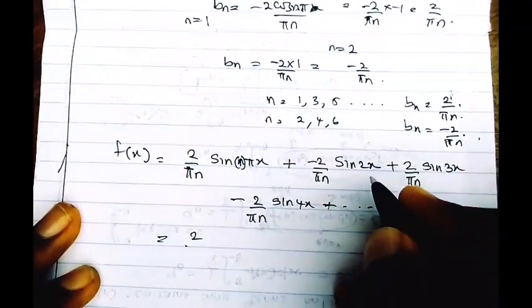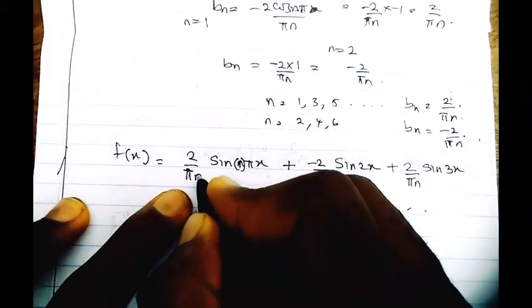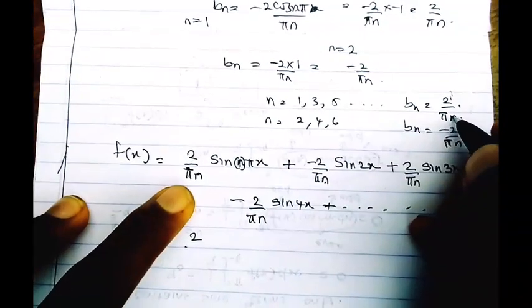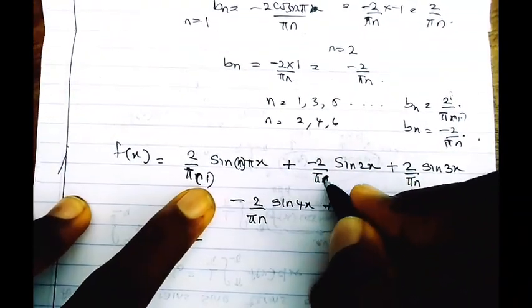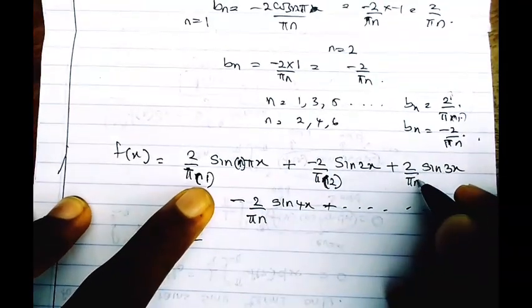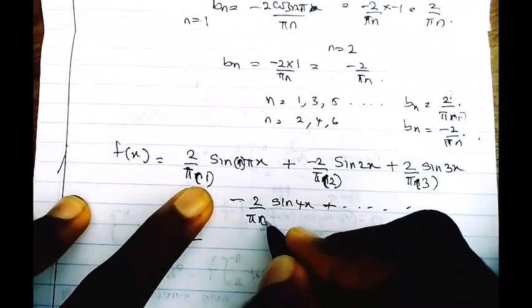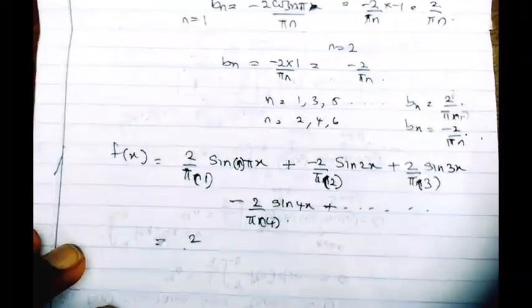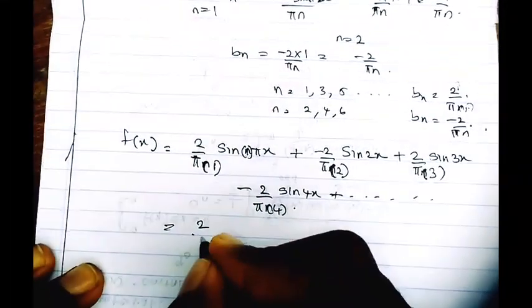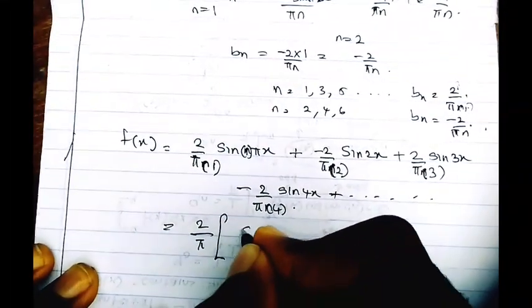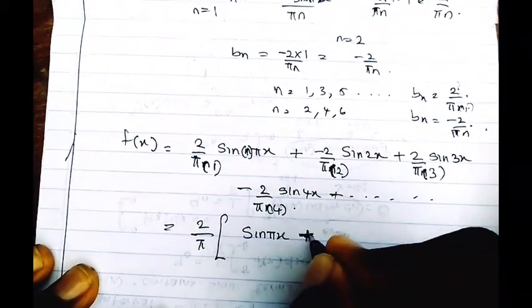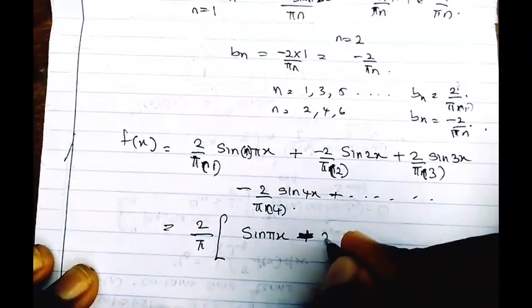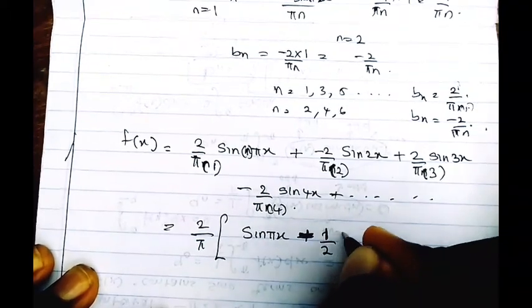Remember, we are missing something here. When n equals 1, we need to put 1 here. When n equals 2, this is 2. When n equals 3, n is 3. When n equals 4, n is 4. And that is that. So factoring out 2 over pi, this is 2 over pi, open bracket, sin(pi x), minus 1 over 2 sin 2x.